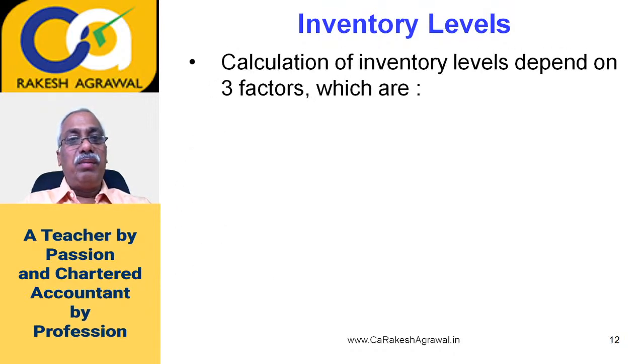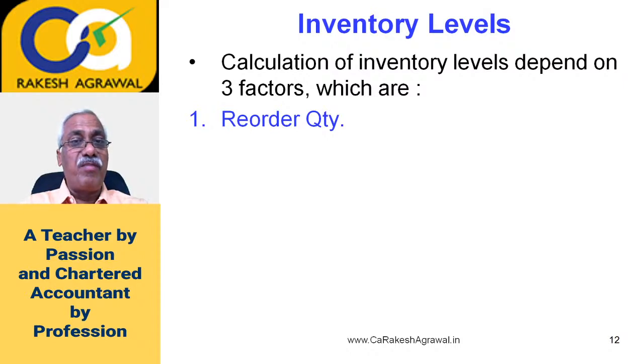Now the calculation of these inventory levels depends upon three factors. Just try to recollect on which three factors the calculation of inventory levels is dependent. One is reorder quantity. Please remember, it is reorder quantity, not reorder level. So reorder quantity is used in calculation of inventory levels.